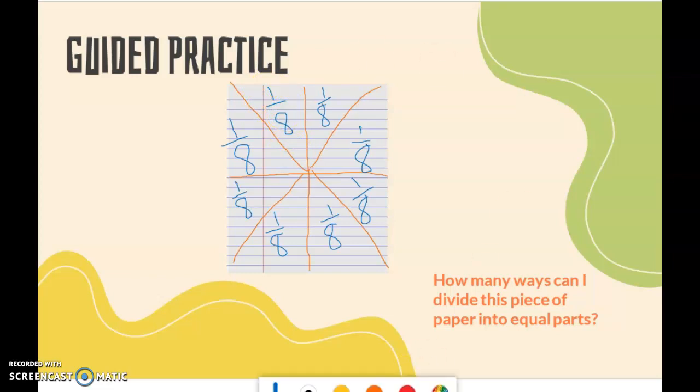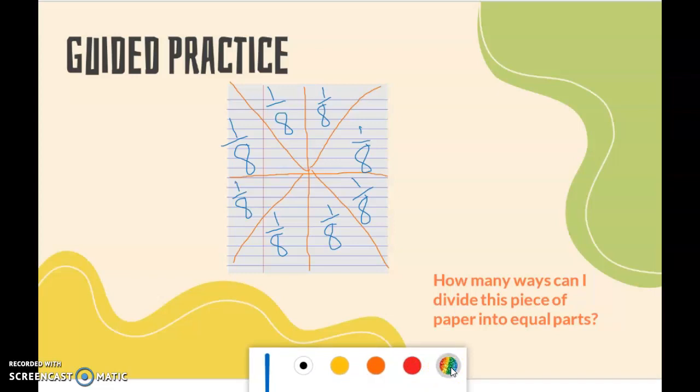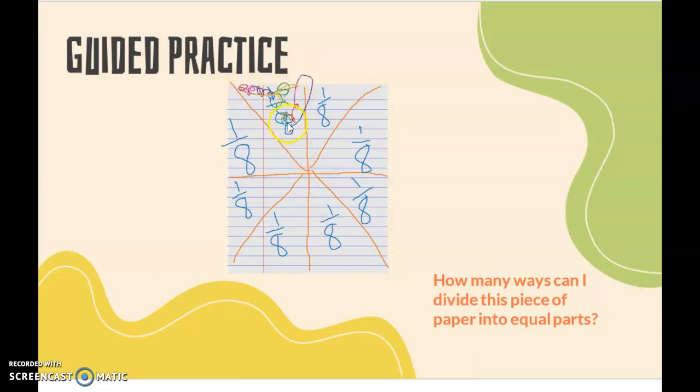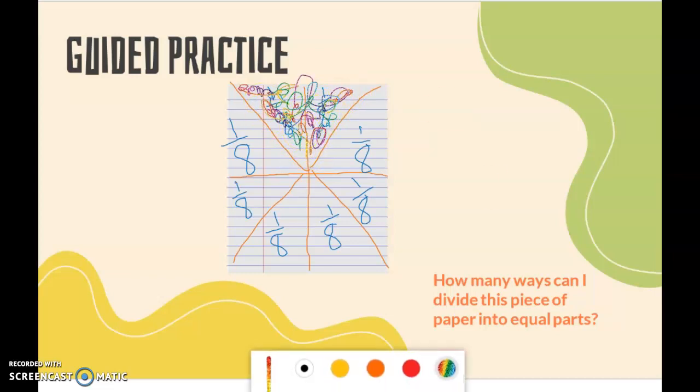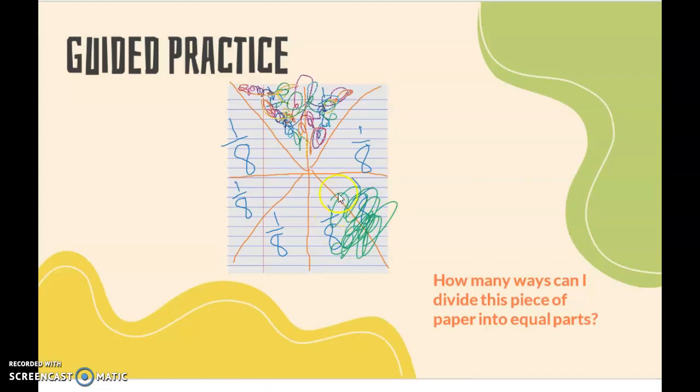Okay, so using this same model, I can shade portions of sections of my paper. So I'm going to shade this and this side here. And if you look, it's kind of like a rainbow color. I'm going to shade one part, well, two parts here, green.